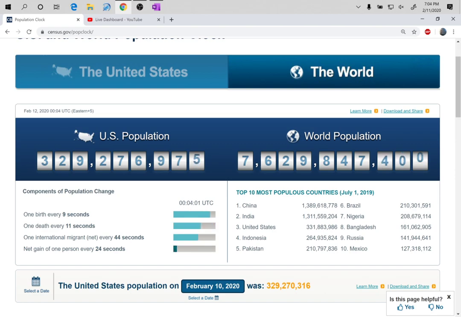You also see the 10 most populous countries, where Mexico overtook Japan 2 years ago. Japan used to be in the 10th spot, and then Mexico passed. You have China, India. The United States is the third largest population in the world. China is almost 4.5 times larger in terms of population.